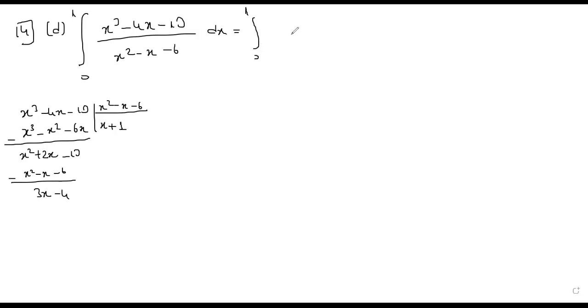This can be written in this form: the integral of x plus 1 plus 3x minus 4 over x squared minus x minus 6 dx. Okay, now for this part, it's easy. We know how to integrate it. What about this?